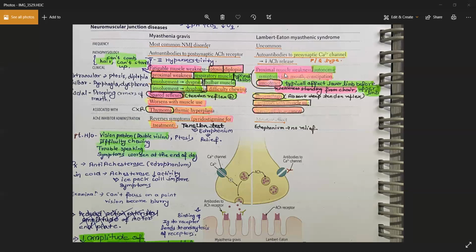Both conditions are very much similar to each other. Anyone want to try? Difference between Lambert-Eaton syndrome and botulism in terms of the findings, the symptoms, the clinical features. Any difference?